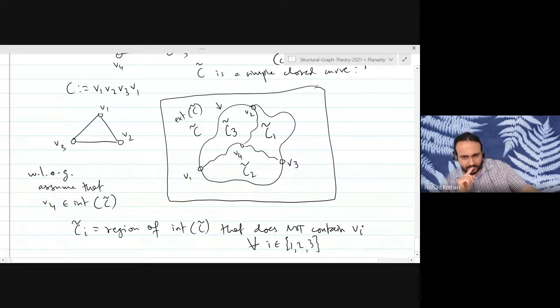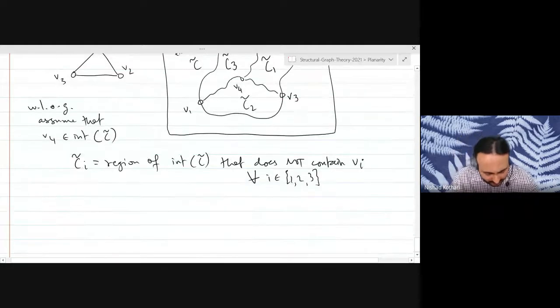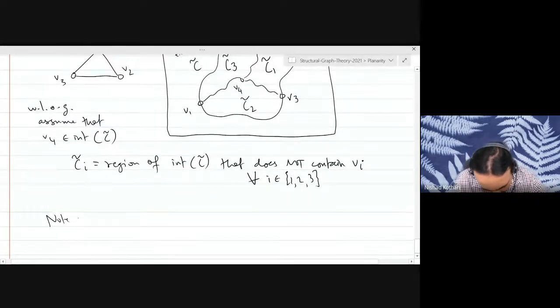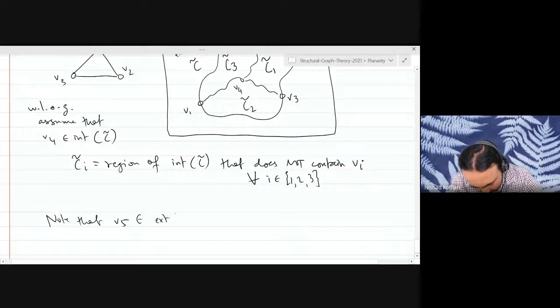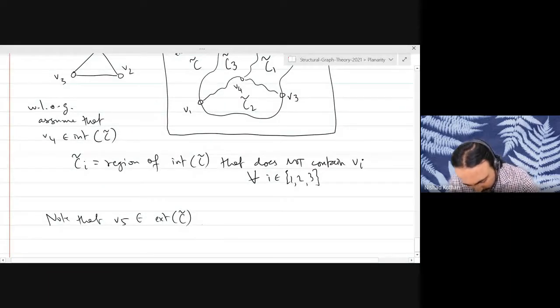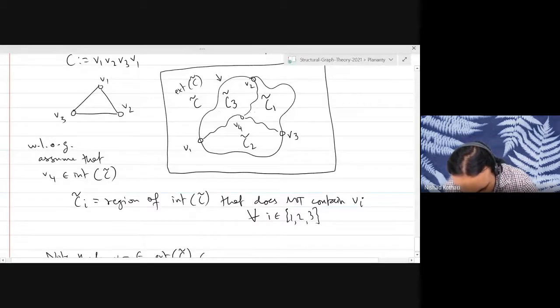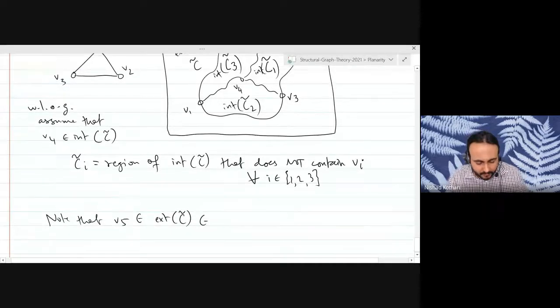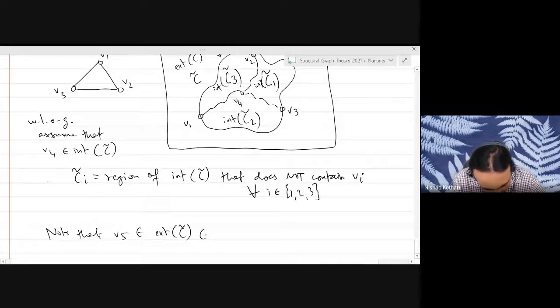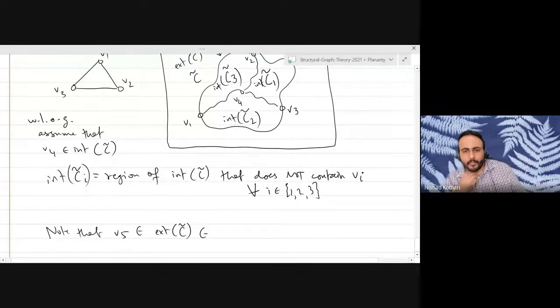Okay. Now, where is the vertex V5? Note that V5 either belongs to the exterior of C tilde or it belongs to the interior. What I have written here, C1 tilde, C2 tilde, C3 tilde, these are all the interiors of these cycles.